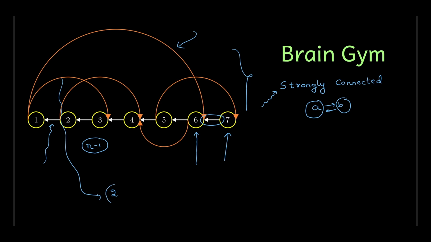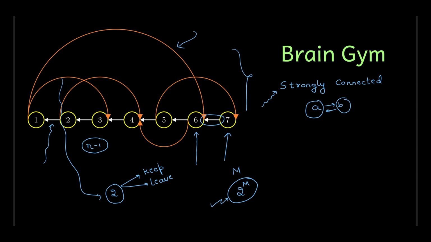You can either keep it in your final graph, or you can leave it. If there are a total of m orange edges, then the total number of choices to select a subset of the orange edges would be 2 to the power m.